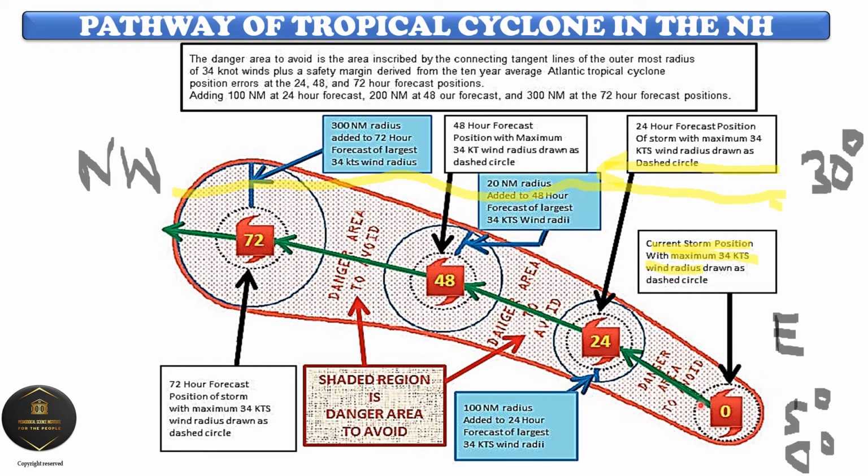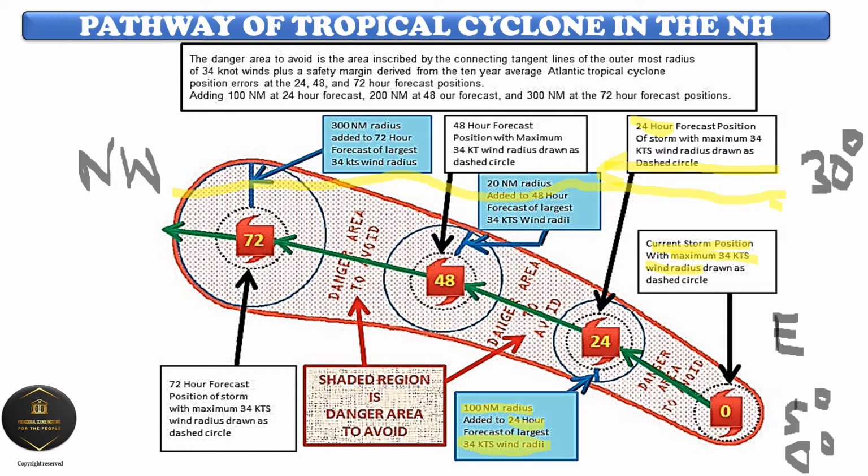So people should avoid being in the pathway of the system. Okay, and then to continue, we see that this system is widening up within the 24 hours, and we see that winds are still 34 knots in radius, and this is a 24-hour forecast of the position of the system, right?